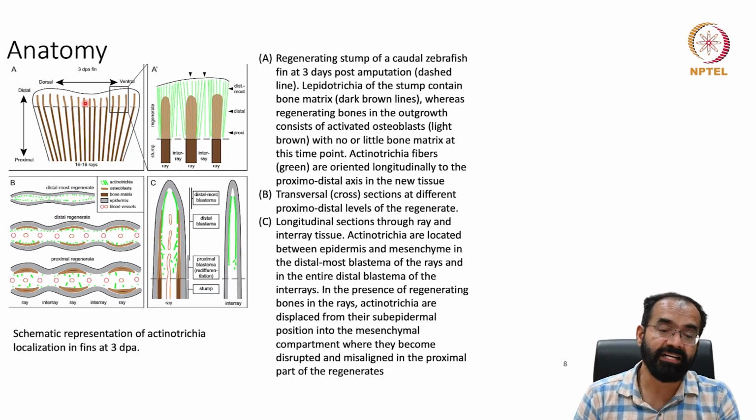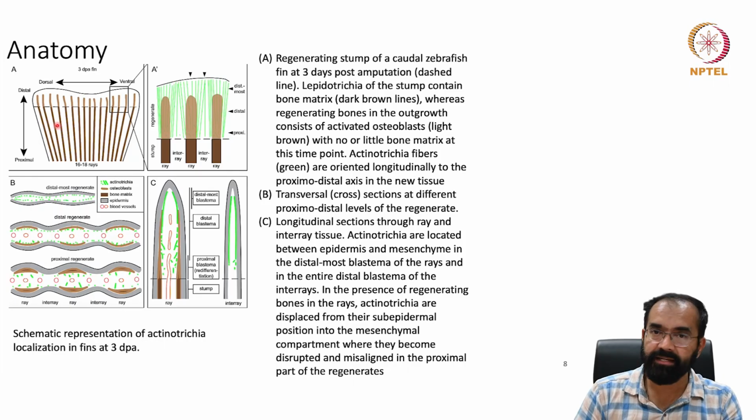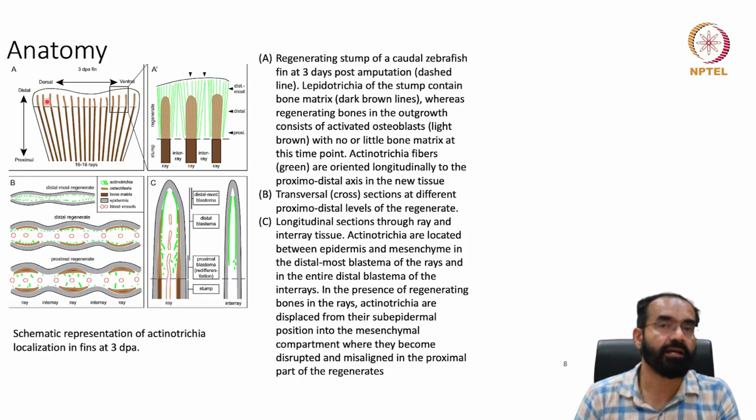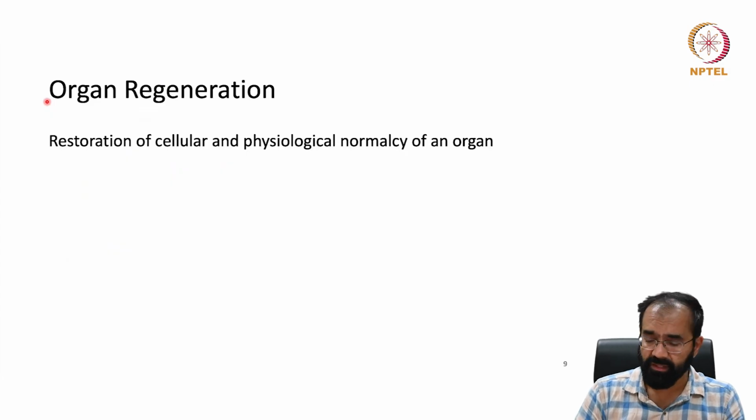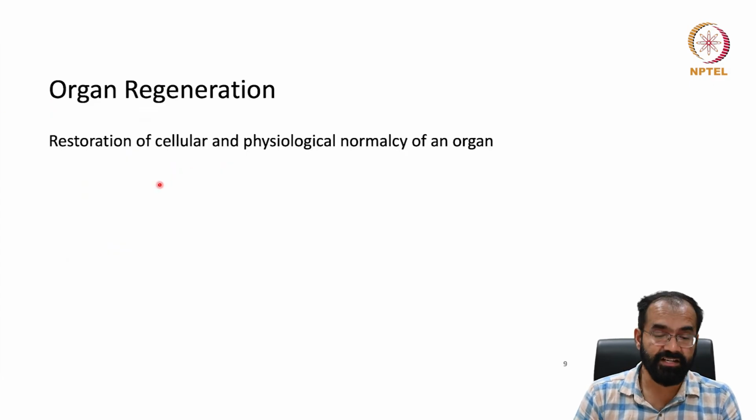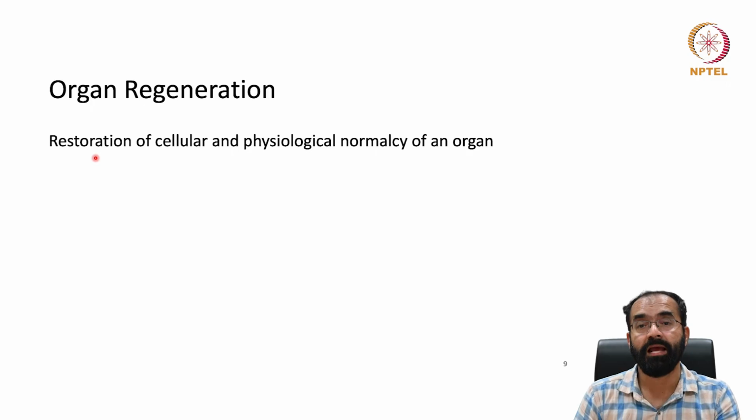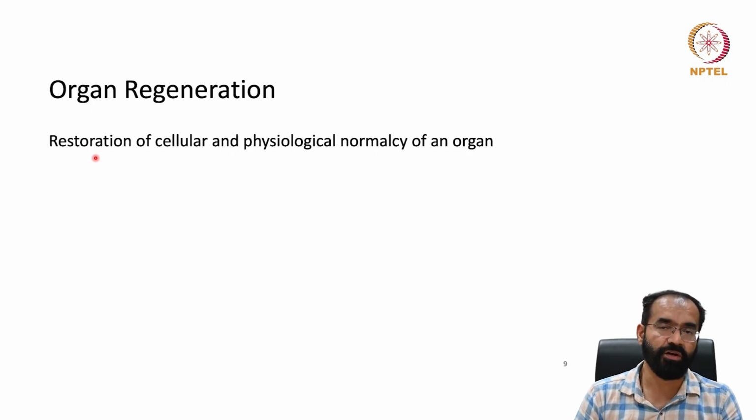They are trying to mimic that of this stump. So this is what you should keep in your mind, and this light brownish color is retaining the original structure, but it is not complete yet because it will take around 21 days. That is what organ regeneration is, restoration of cellular and physiological normalcy of an organ.